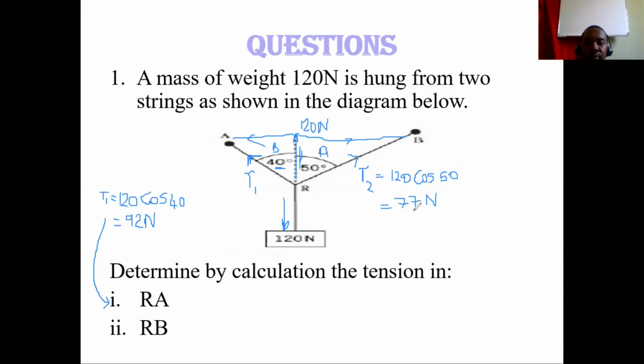So we get 77 newtons, and that's the value of RB. Everyone got that? Yes, sir.